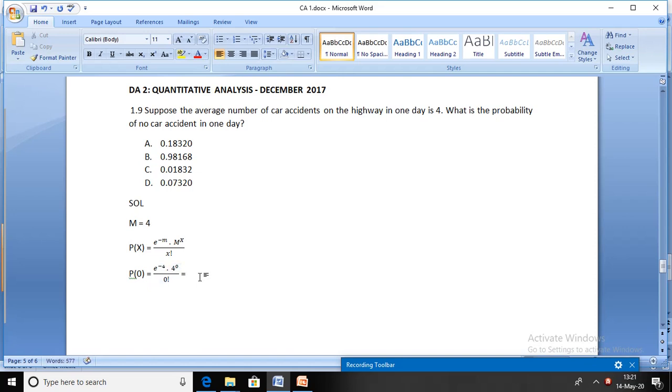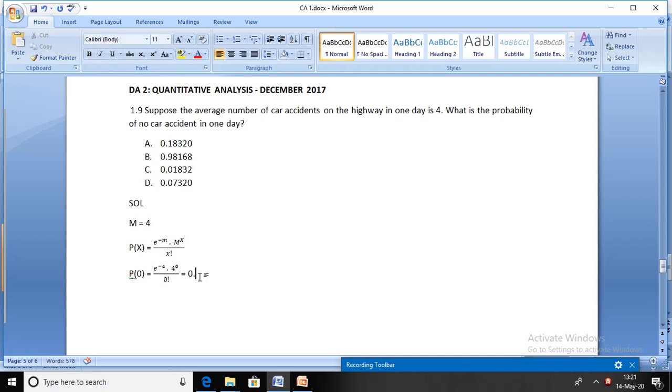So what is 0 factorial? 0 factorial equals 1. Any number to the power 0 is 1. So what is exponential to the power negative 4? Pick a calculator, go to the second function, exponential sign, then punch negative 4.